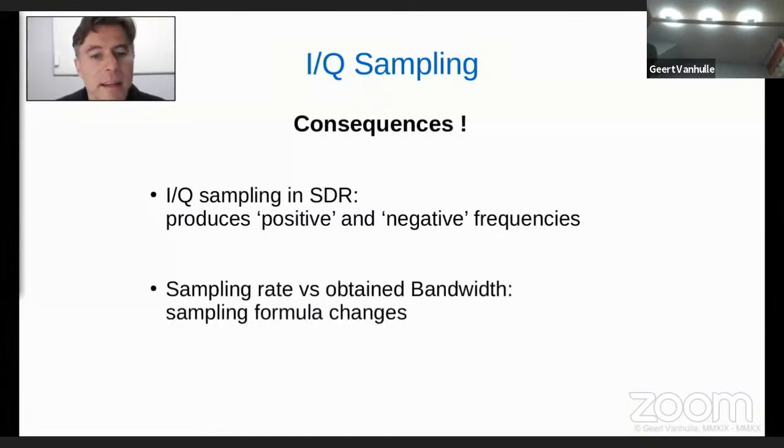And the second thing is that the formula relating sampling rate to obtained bandwidth is changing. Normally, with the Nyquist-Shannon formula, we need to sample at double the highest frequency that we need; this will change. We will discuss this also in the continuous slides.